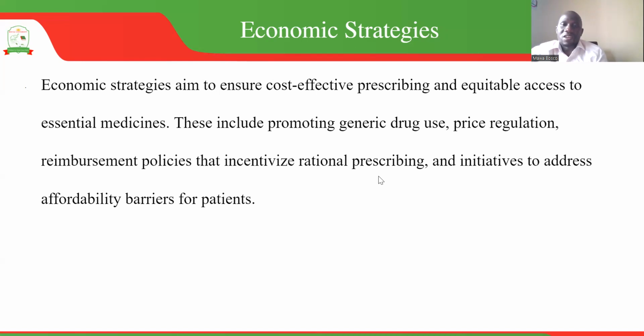Using generic drugs is often important, and also price regulation is very key in making sure that people actually receive the drugs that they ought to receive. This is basically to say that you remove the economic barrier to access to the appropriate drugs for the patients.